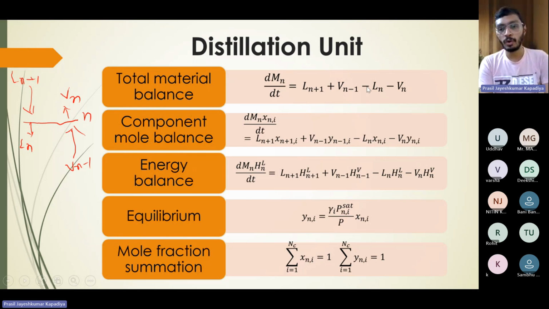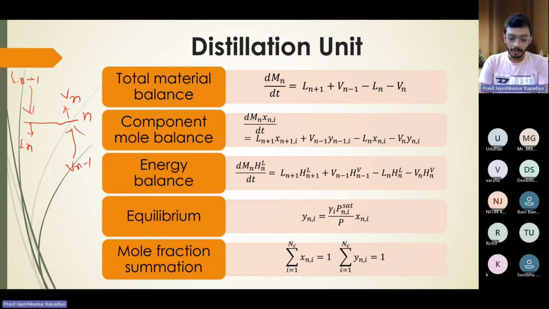So this is my overall mass balance of a particular tray: Ln+1 + Vn-1 - Ln - Vn. At steady state, it will be equal to 0. But not at steady state, it is dMn/dt. What is this Mn term? Does anyone know? I'm not sure if you have studied this kind of modeling or not. Can anyone tell what Mn is?